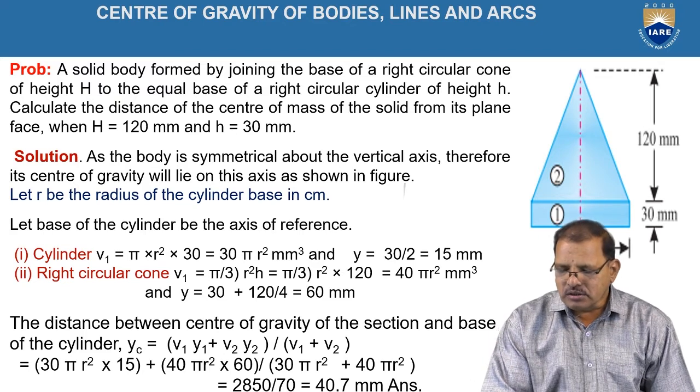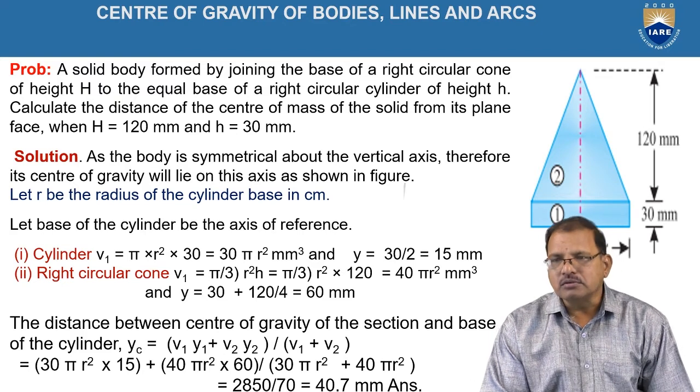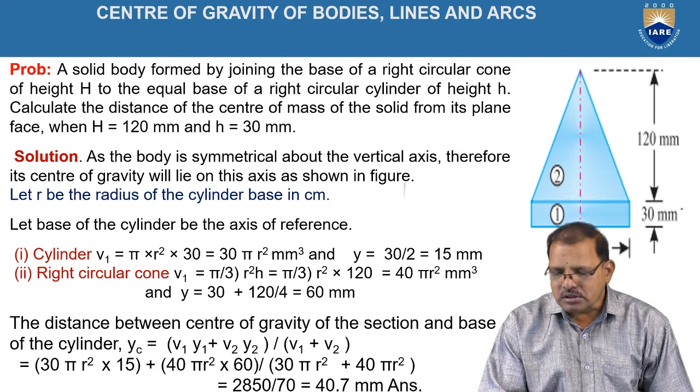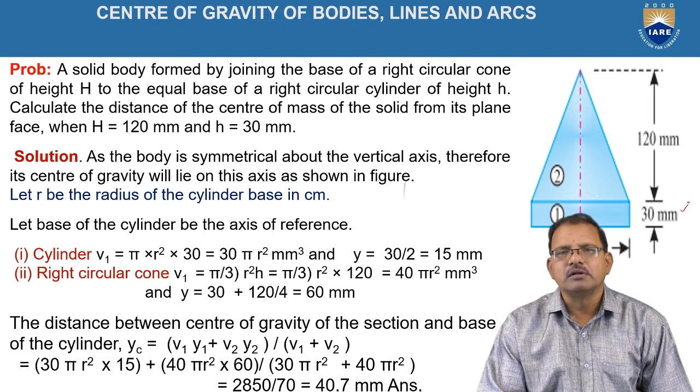Here, I am dividing this object into two objects. The first one is the base, given at the bottom, in the form of a cylinder having radius r and height equal to 30 mm.